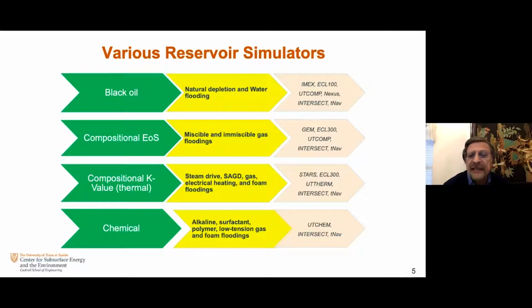More recently, Intersect has some of the capabilities, as well as some of the other simulators, and also T-Navigator has some of the technologies there, but not so much in the surfactant flooding, but polymer, though they have some capabilities in surfactant as well.